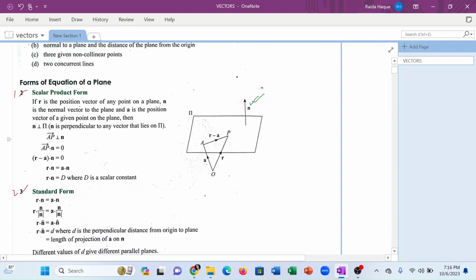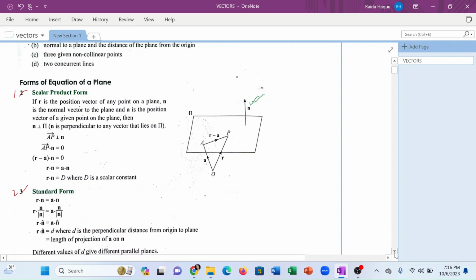So if we now cross simplify by cross multiplying, we have Rn minus An equals 0. So Rn equals An. Now this An is denoted by a constant which we call the scalar constant. So Rn equals D.